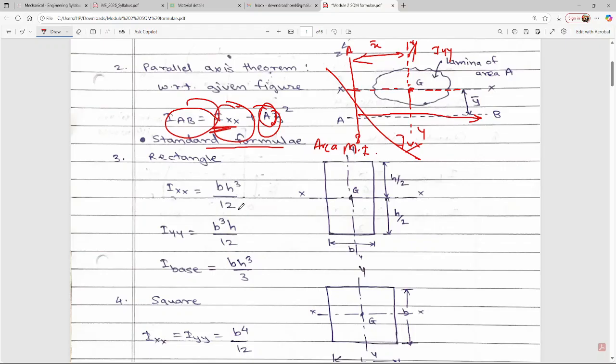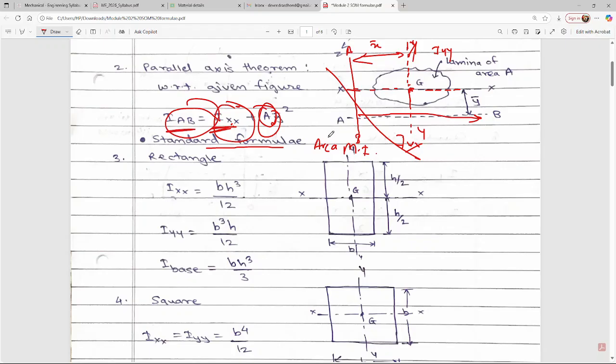There are several moments of inertia. In the next syllabus, in TOM, you will get mass moment of inertia, but here you have to calculate only area moment of inertia. So if we get IXX or IYY, we can easily find out any line's moment of inertia.